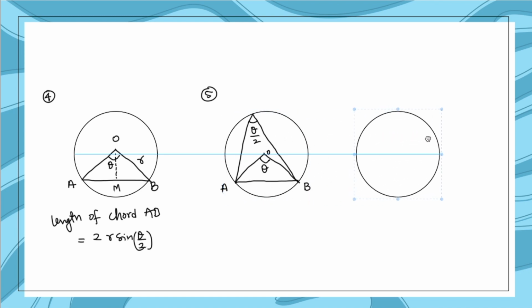Now you can understand this in reverse as well. If this is a circle, and there is a chord AB, I'm just taking the same property in a different way.